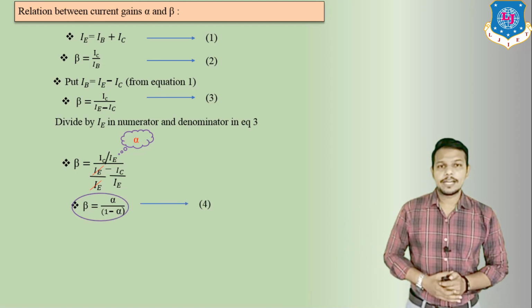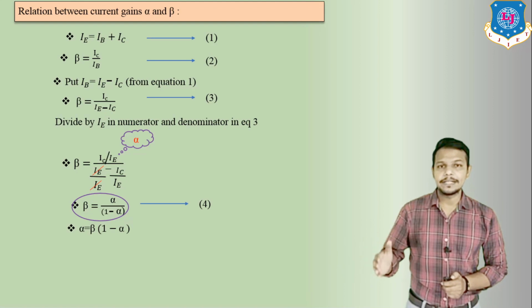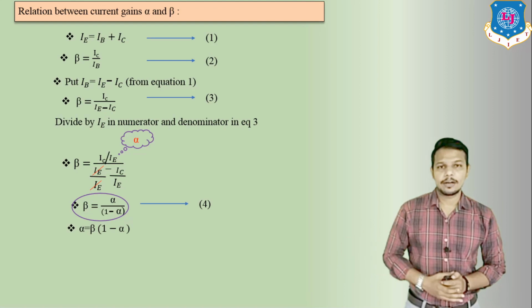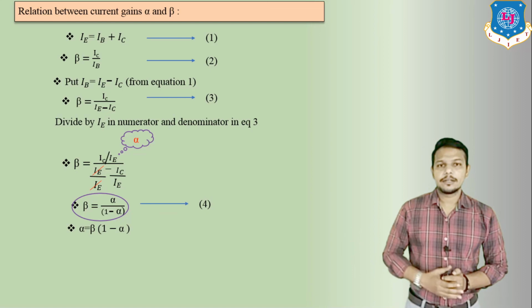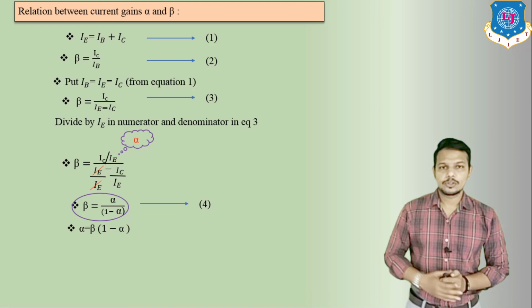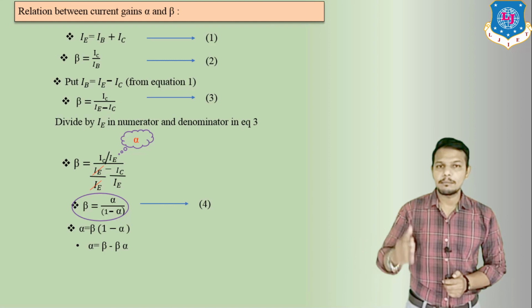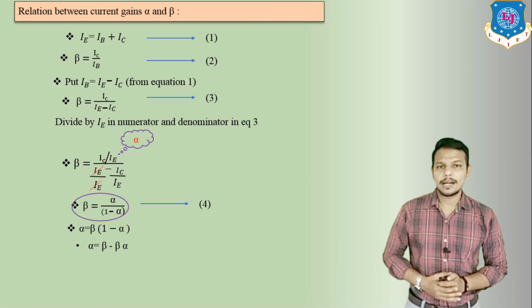Now we have to prove alpha is equal to beta into 1 minus alpha. Here we make alpha the subject. So beta into 1 minus alpha. Now multiply beta inside, so it becomes alpha is equal to beta minus beta into alpha.